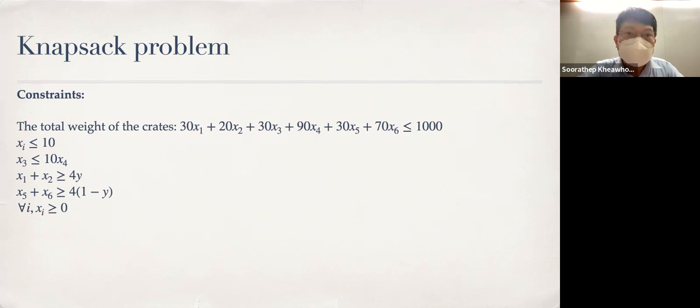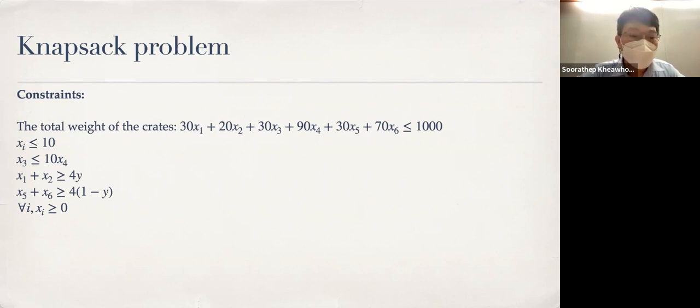If x4 is 0, you don't send any crates of type 4, then x3 is automatically 0, because the right hand side is already 0. x3 can be any value if x4 is at least 1.